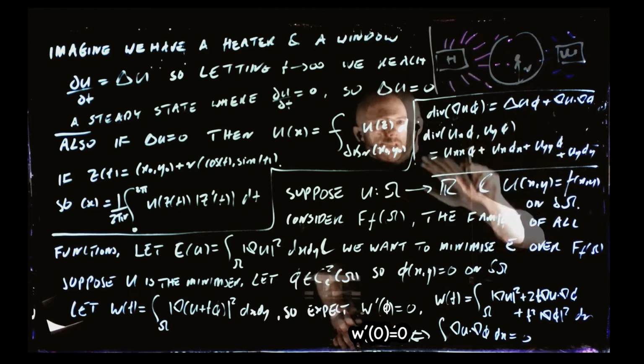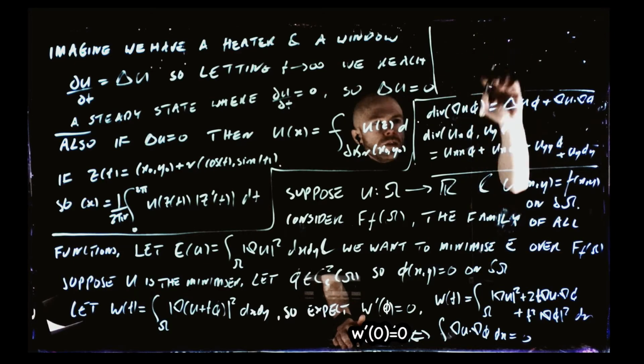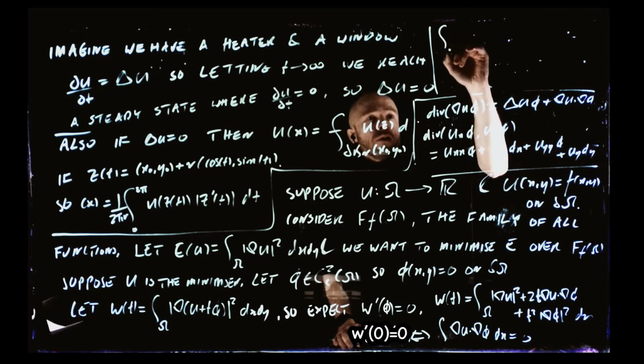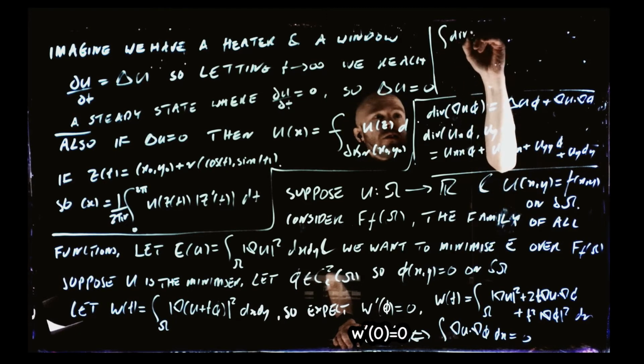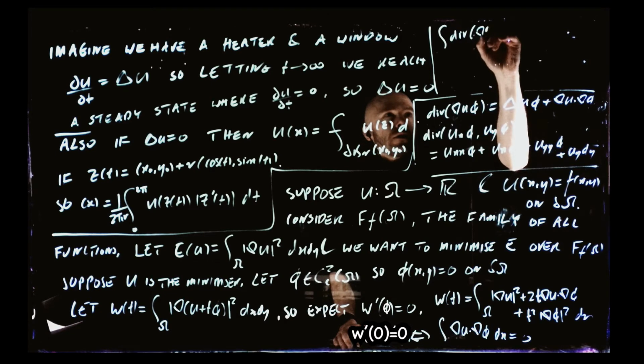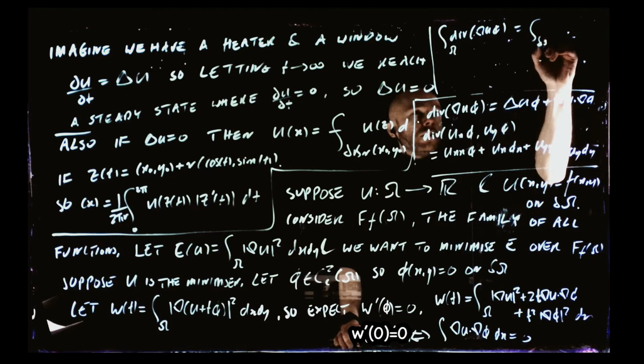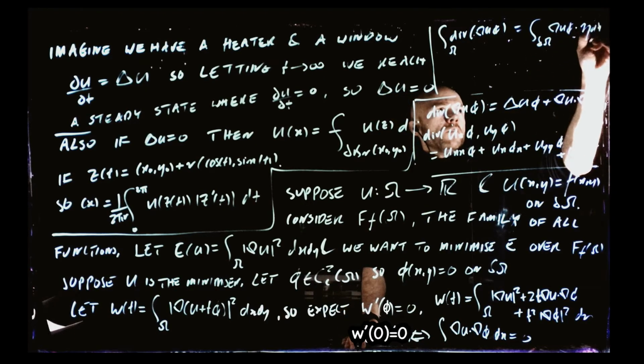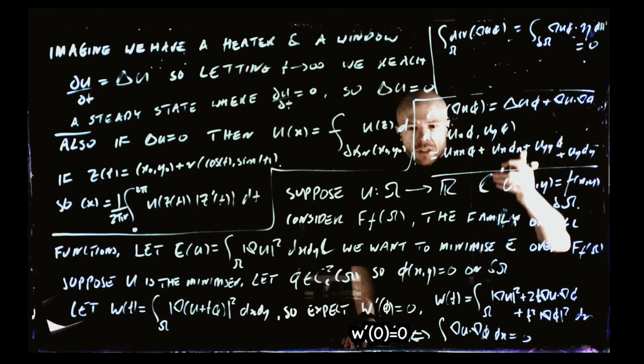So then if we apply the divergence theorem, because this thing has got 0 boundary values, the integral of the divergence of this guy is the integral around the boundary of gradient u times phi dotted with the outward pointing unit normal, which is equal to 0, right? Just the divergence theorem.